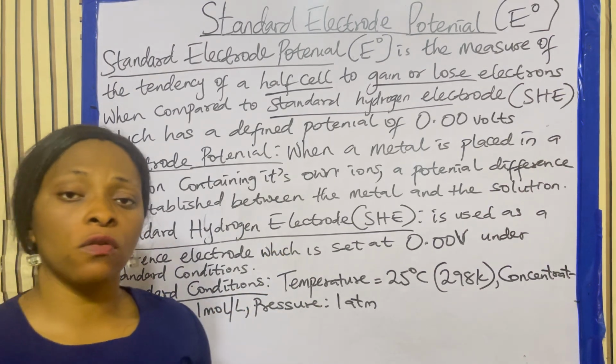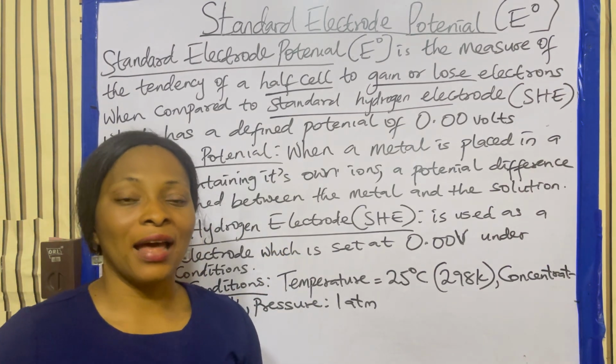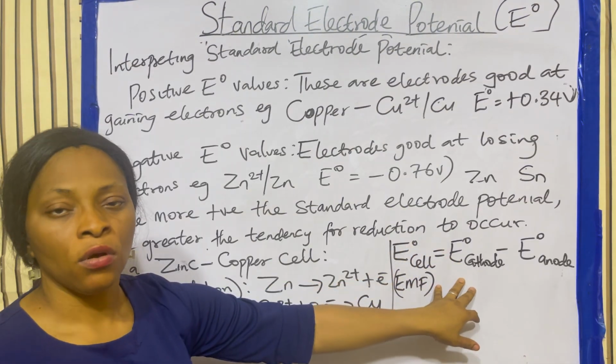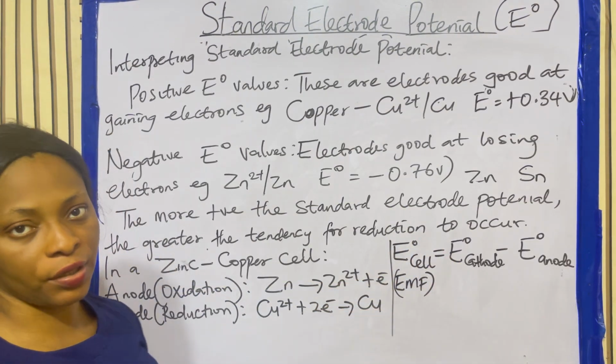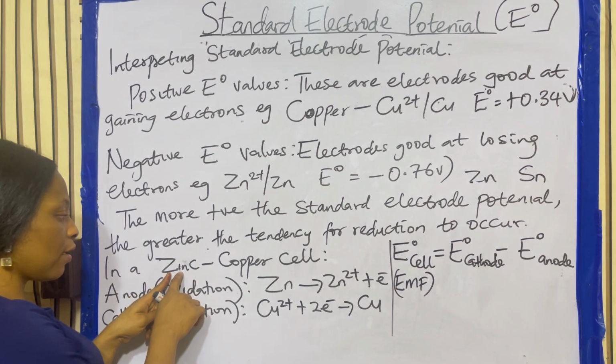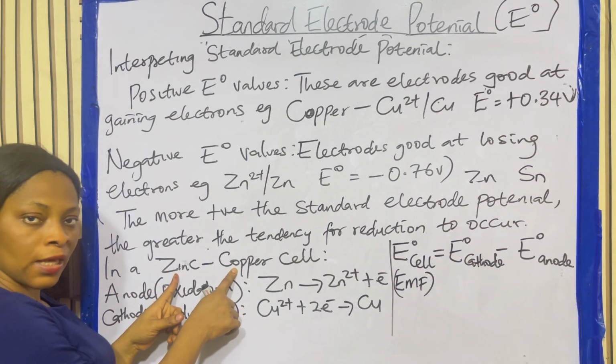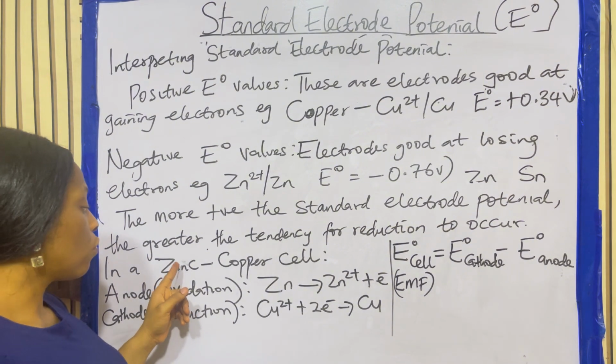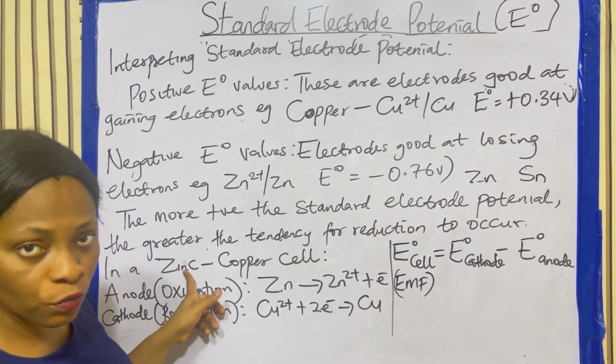Now let's also look at more concepts and how to interpret these values. So, looking at this question, which one will be the cathode and which one will be the anode? This zinc and this copper. Zinc, higher than copper in the electrochemical series, is going to be the anode.